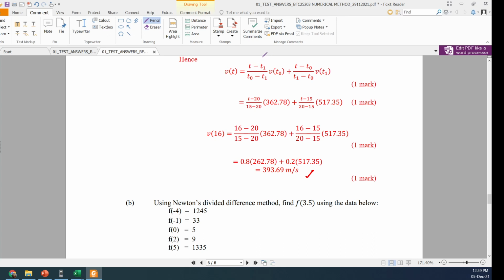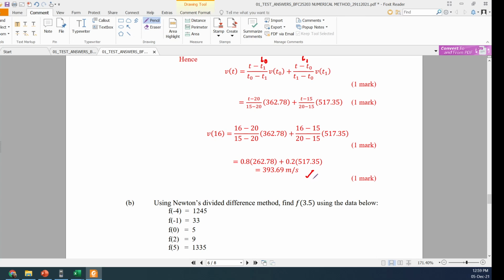So L0 is (t minus t1) divided by (t0 minus t1), multiplied by v at t0, plus L1, which is (t minus t0) divided by (t1 minus t0). So plug in all the t0, t1, v0, v1 values and you can get it. This is a simple calculation. You may just do it manually. You get this result.